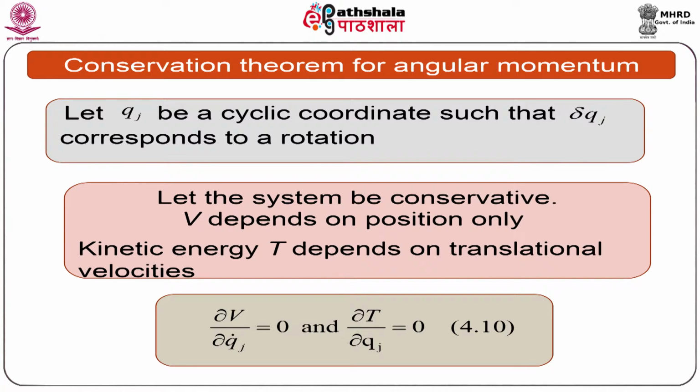As the position coordinate Qj is affected by rotation delta Qj, the kinetic energy T does not depend on the coordinate Qj. As V is independent of velocity Qj dot, we have del V del Qj dot equal to 0, and as T is unaffected by the rotational coordinate Qj, del T del Qj equal to 0.